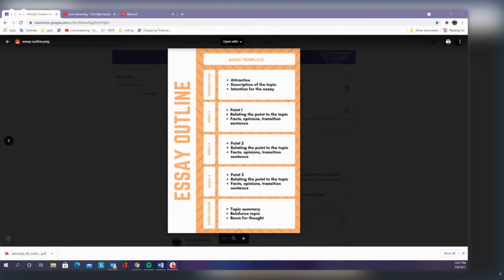And two of these paragraphs are consisting of your introduction and your conclusion. So that leaves three to build a very strong essay that relates to your topic and gives facts or opinions and also good transitions when you're moving from one point to the next. So I would say, yes, that is necessary.